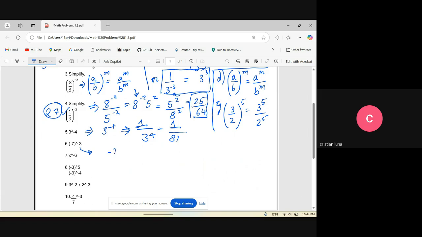Let me try the sixth one. Now, when you have brackets, so let's say you have a negative inside a bracket attached to a number, your end result would depend on your power. If your power is an odd number, then you would have a negative answer. And if it's an even power, it will be positive, right?